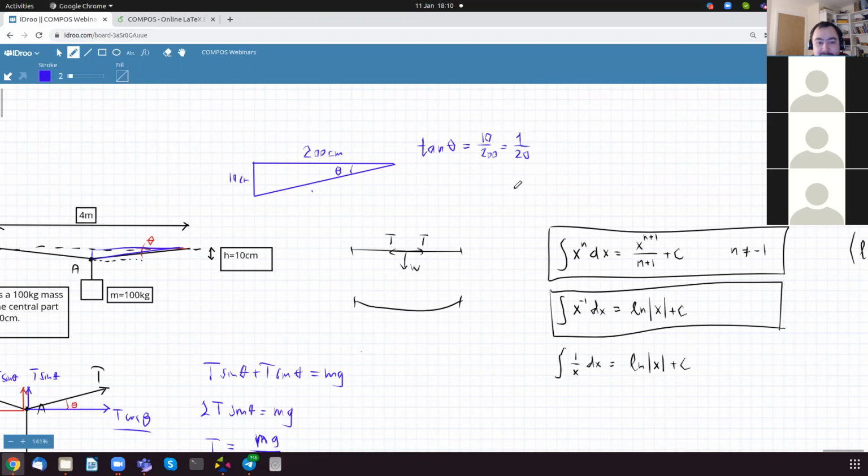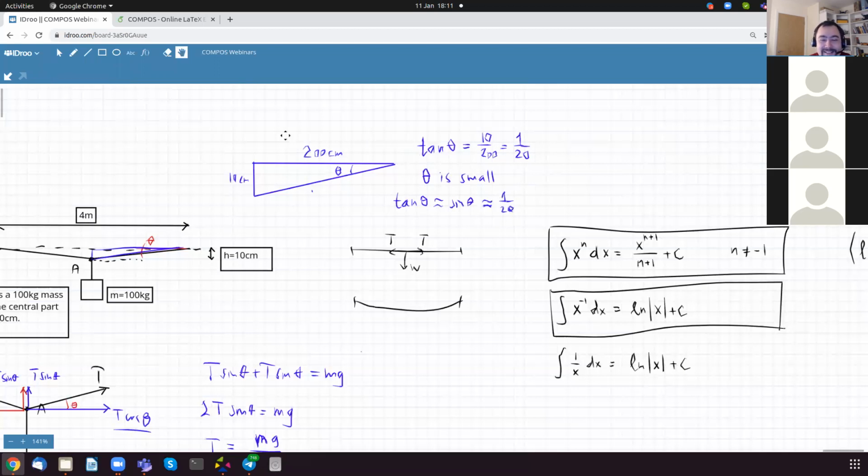I understand that theta is a small angle, and we know the small angle approximation that tan theta is approximately sine theta. So sine theta is approximately 1/20. I'm approaching a math problem like a physicist.